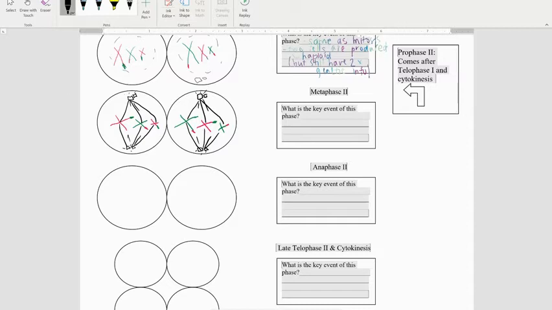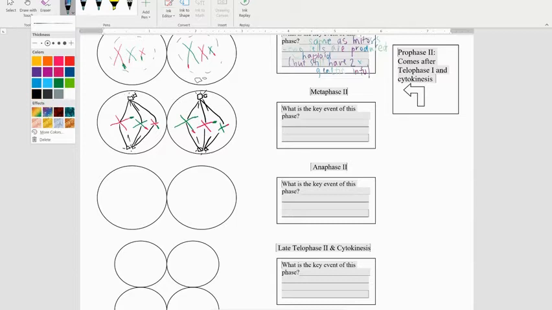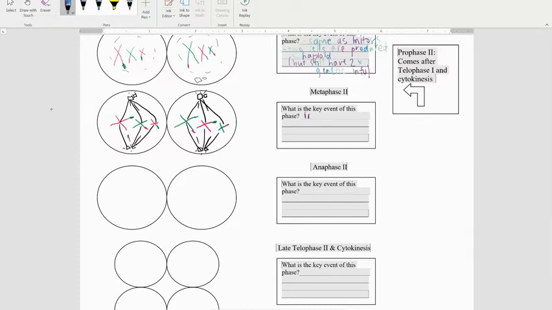Let's go back and write in our key events over here in the box. For metaphase 2, we're going to say individual chromosomes lined up at the center of the cell.